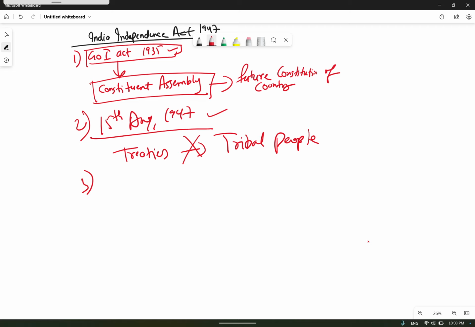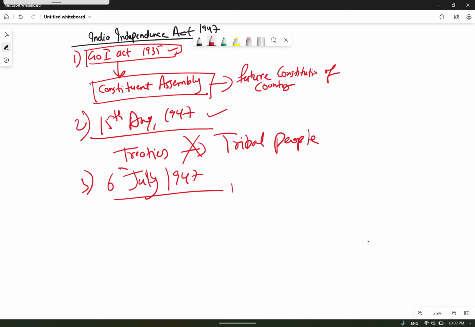There was one referendum that took place on 6th July 1947. Referendum means that people of that area will come and vote on whether they want to be with country A or with country B. That is called a referendum.